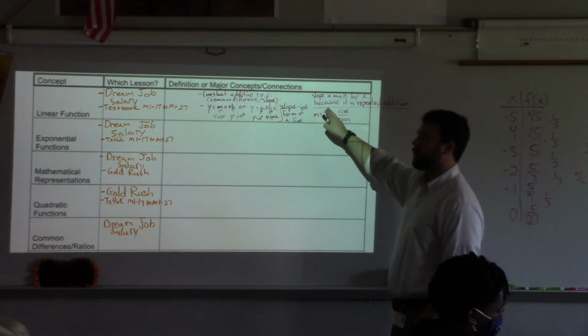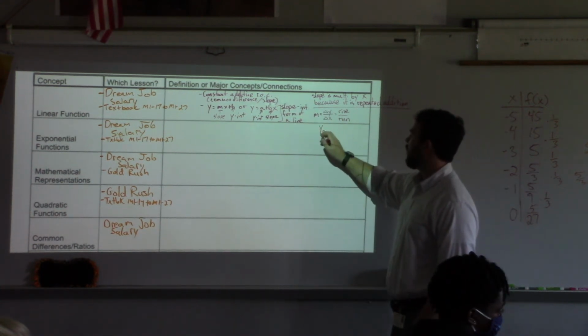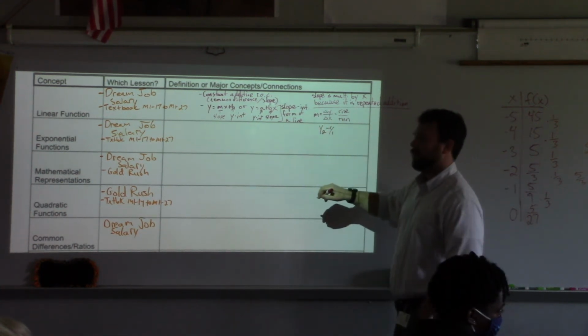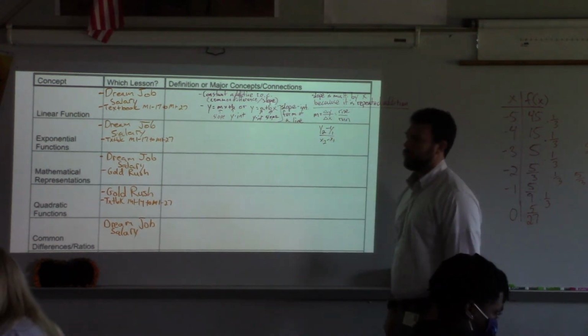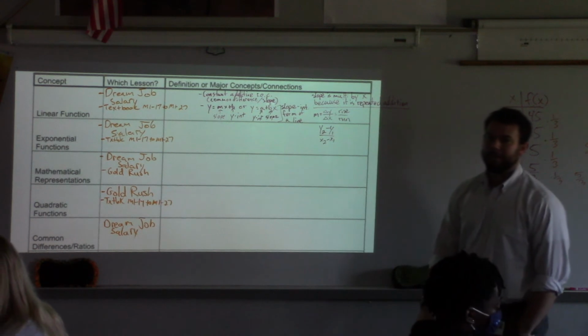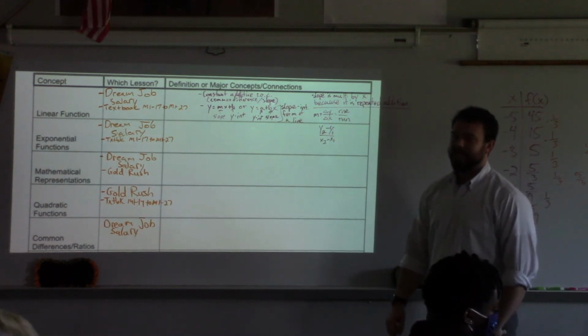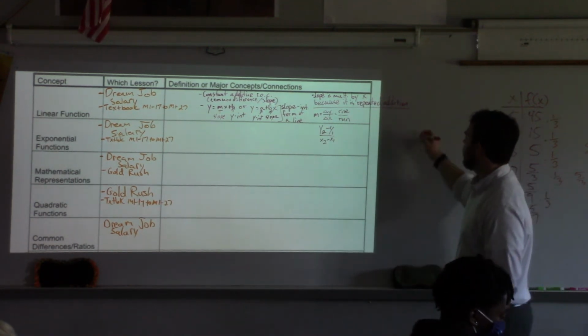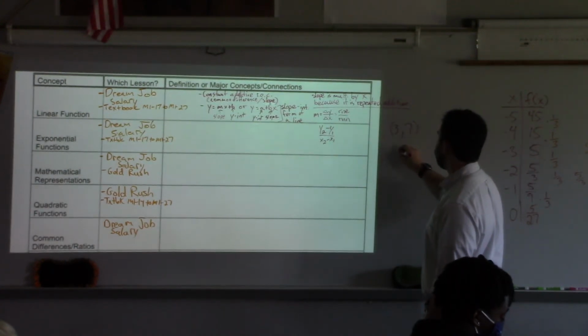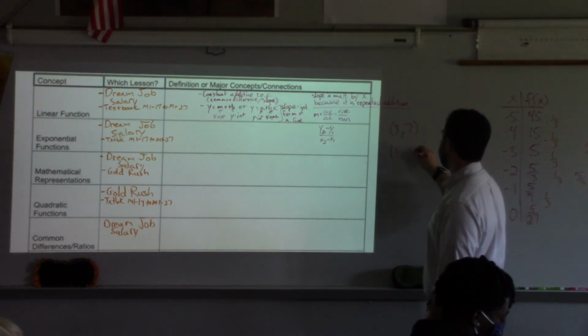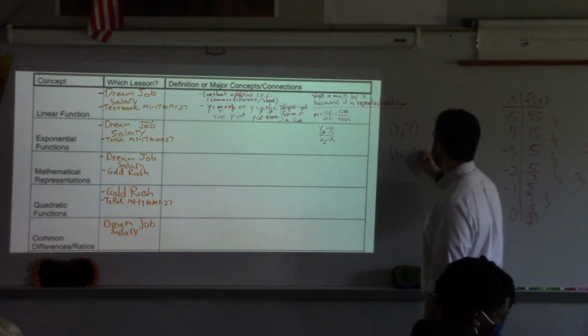Well, remember, it's the change in y, so the way you do change in y is y2 minus y1 divided by the change in x, which is x2 minus x1. Okay? Yeah. And you can do that, but like 3, 7 to, I don't know, 1, negative, let's go negative 3.